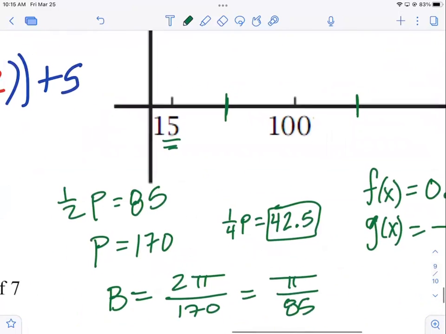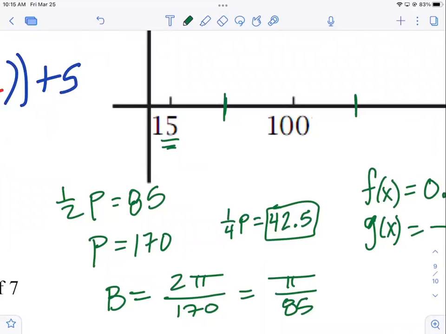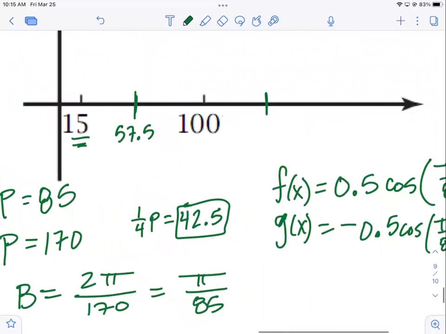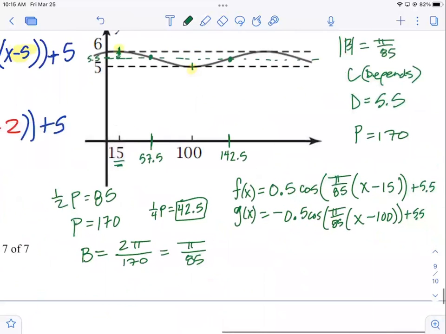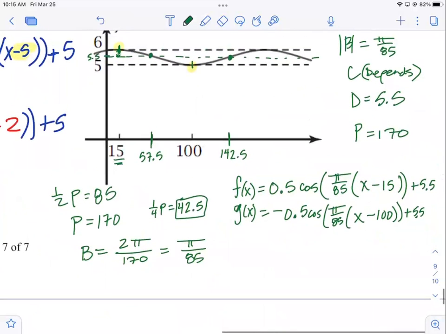So let's see what this one is here. 42.5 plus 15 is 57.5. And 57.5 plus 42.5 is 100. And then 100 plus 42.5, that one's easy. That's 142.5.